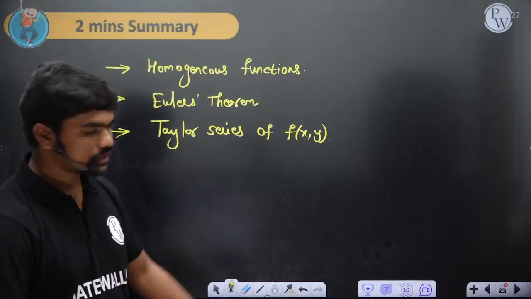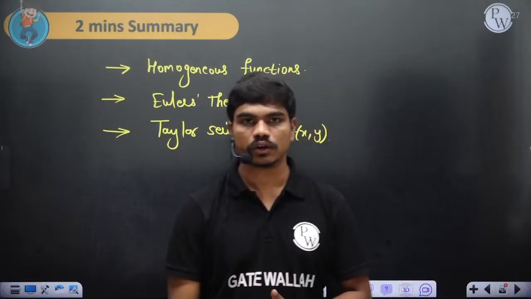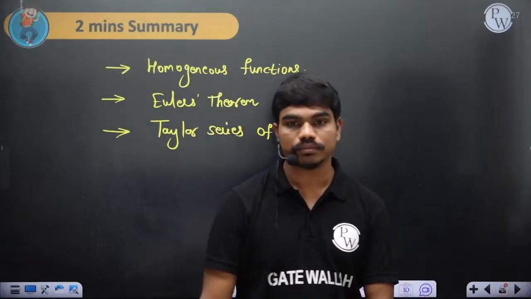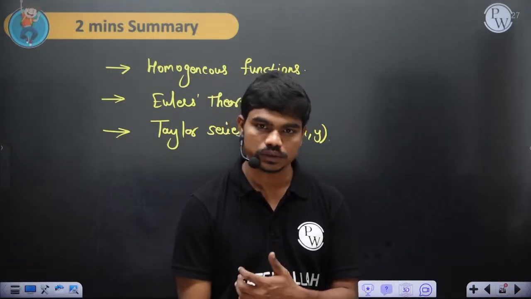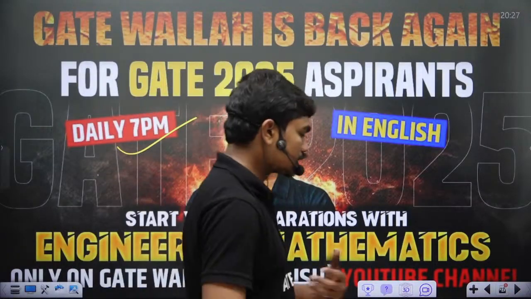These are the things we have covered in today's class. In tomorrow's class, we'll again look at maxima and minima, both constrained and unconstrained. We'll look at some nice points called saddle points. So don't miss the session. We'll meet at 7 p.m. with this continuation.